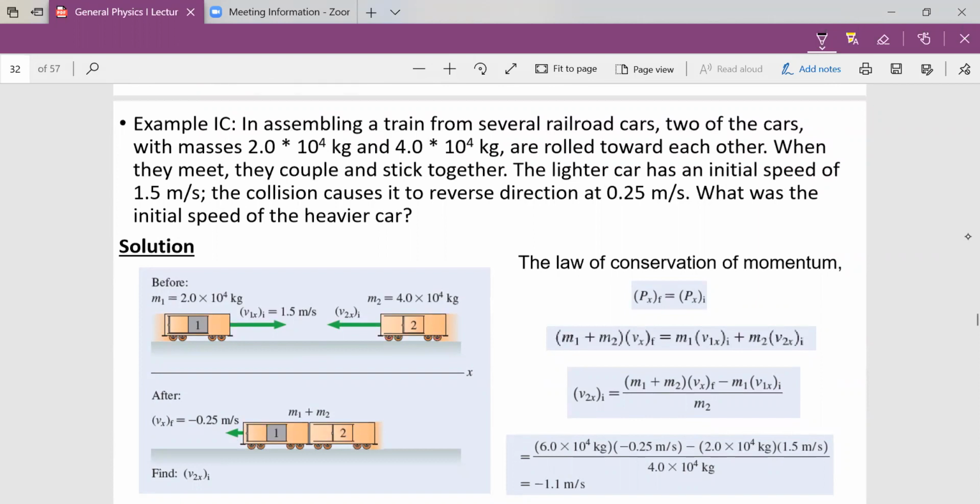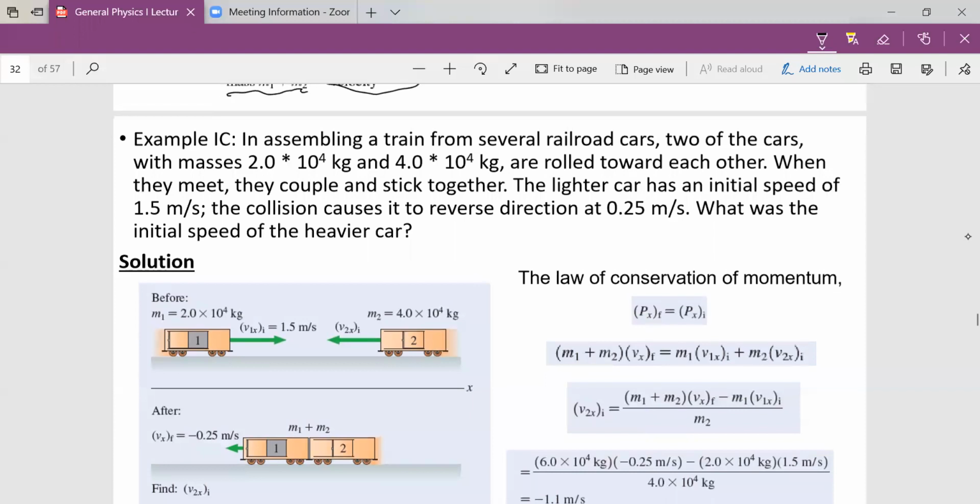In assembling a train from several railroad cars, two of the cars with masses 2.0 times 10 raised to the power 4 kg and 4.0 times 10 raised to the power 4 kg are rolled towards each other. When they meet, they couple and stick together.